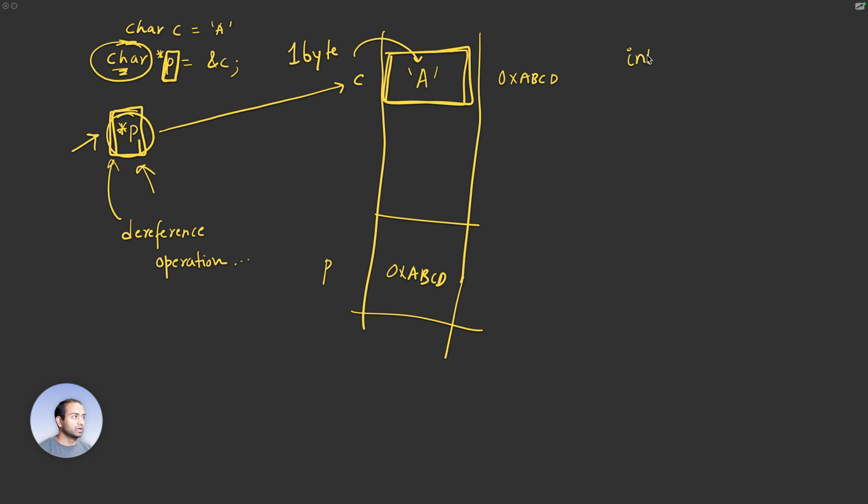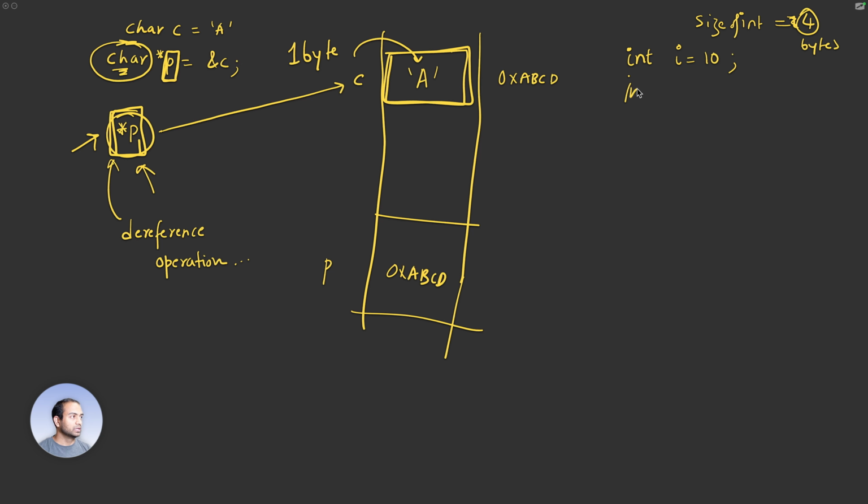So similarly, let's take another example. Let's say we had int I equals 10, and let's say on our machine the size of int is 4 bytes.